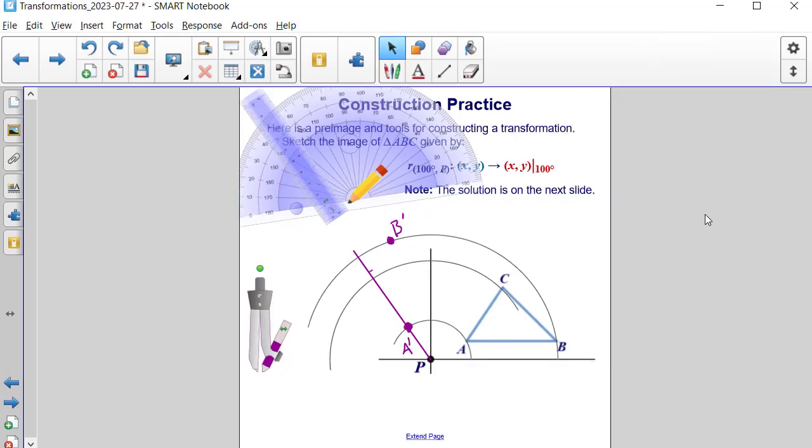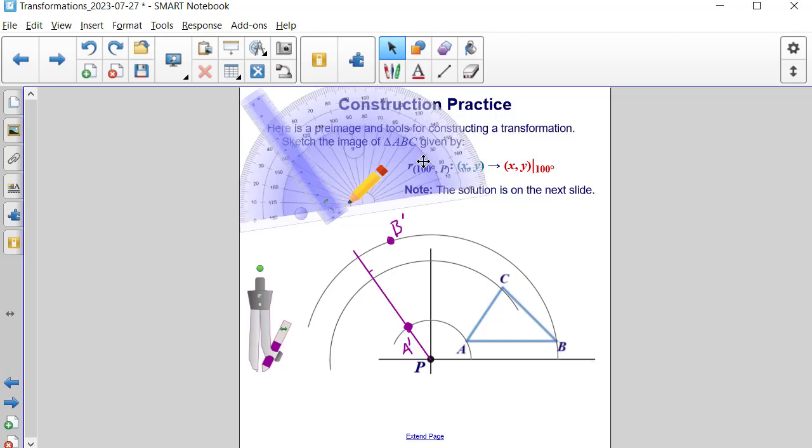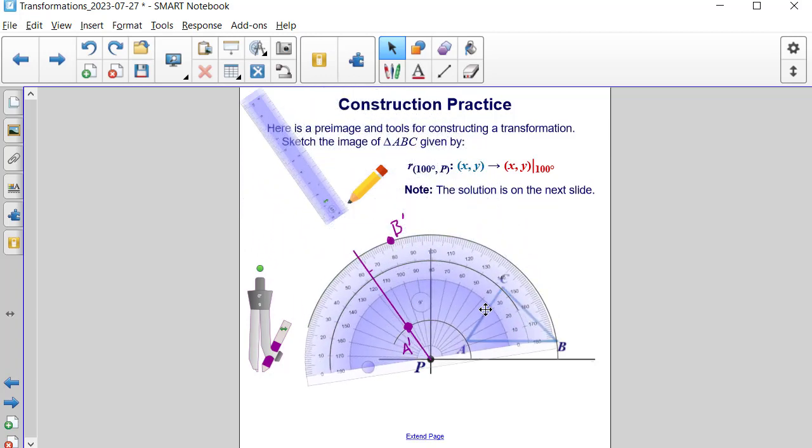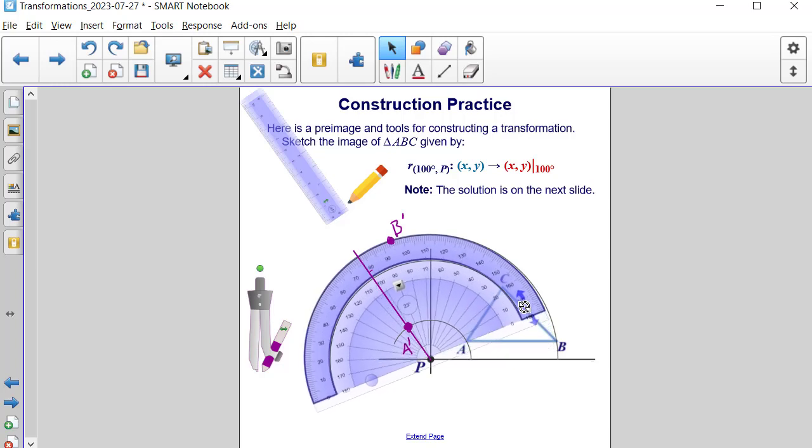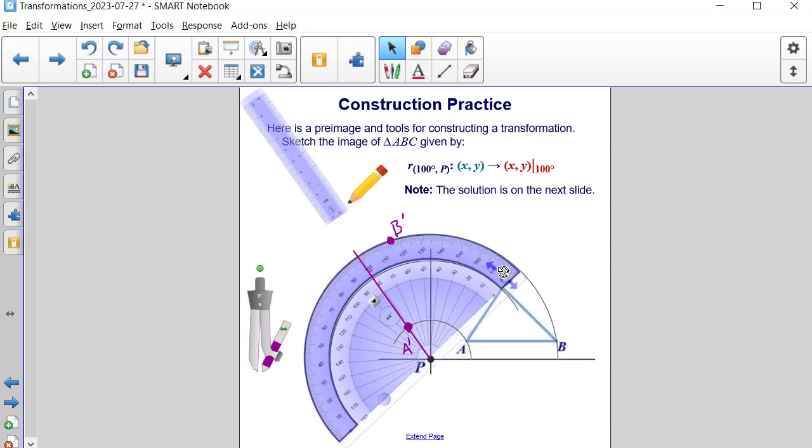The last point that we need to rotate is point C. Let's line up our protractor with point P as the center. And we also have to adjust the angle so that point C corresponds to 0 degrees instead of point B like we had before.